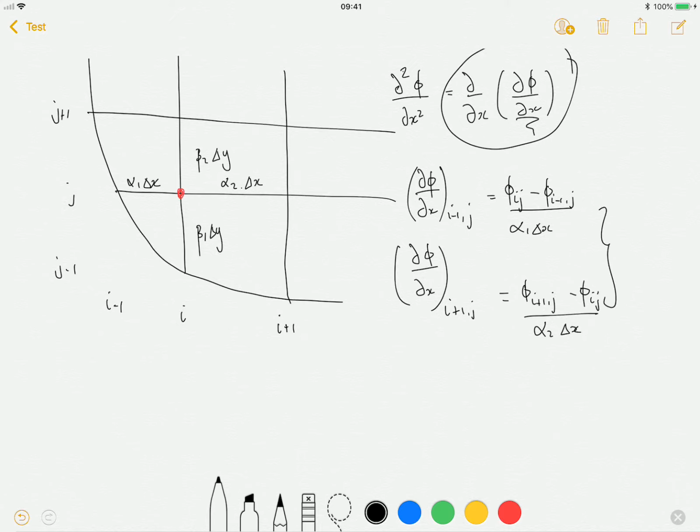And if we plug these two terms back into our original equation for the second derivative, we can get the following.